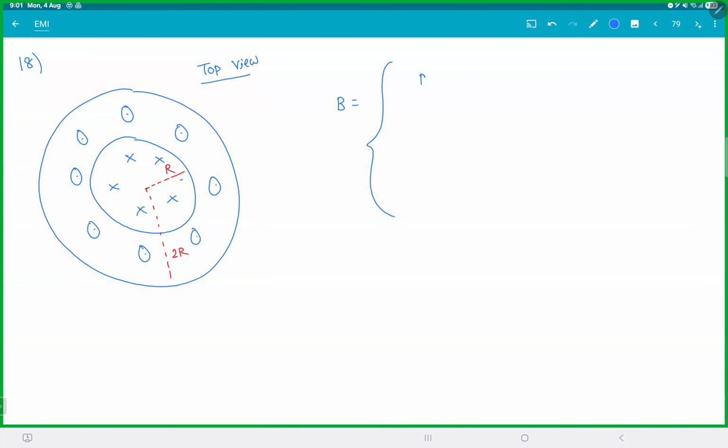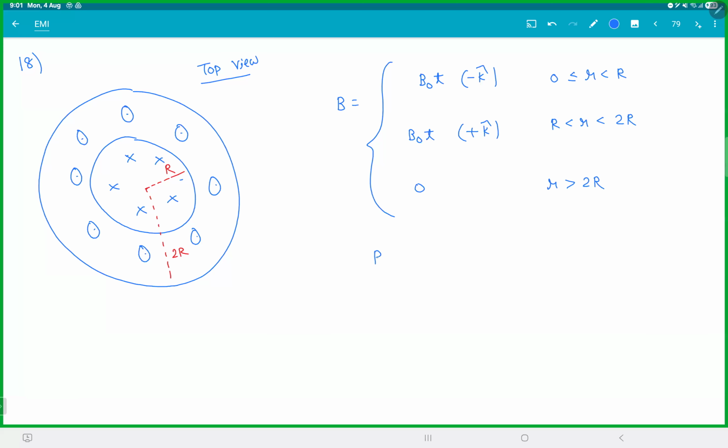This is how the magnetic field is. It is B naught t minus K cap for r less than r. Then the field is B naught t plus K cap. So the direction has changed for r between r and 2r. Then it is 0 for r greater than 2r.